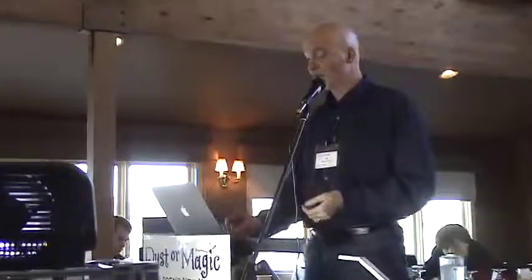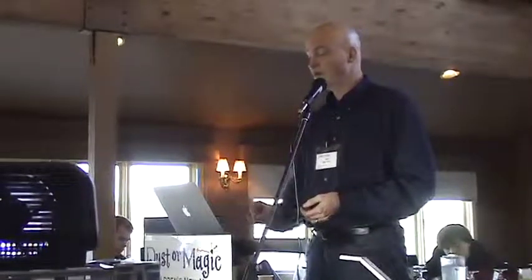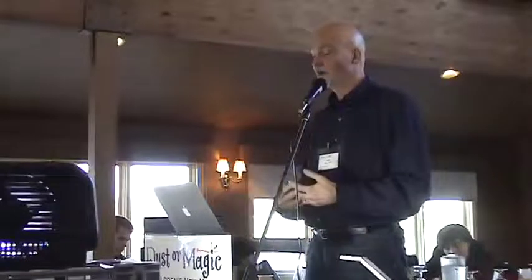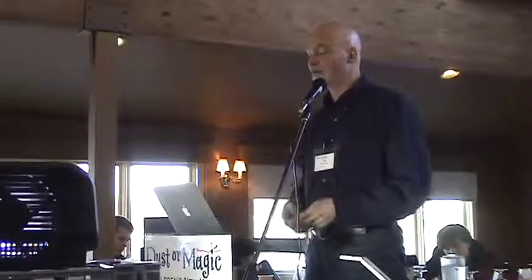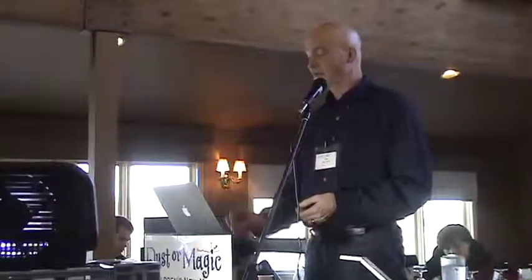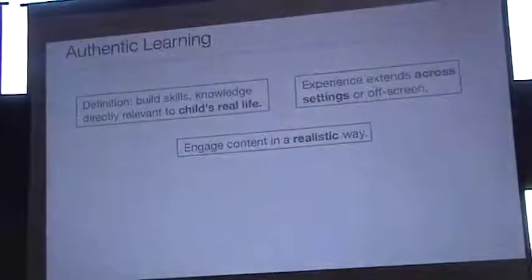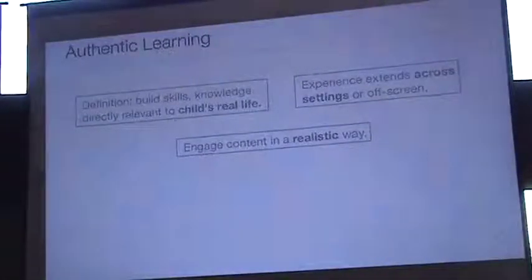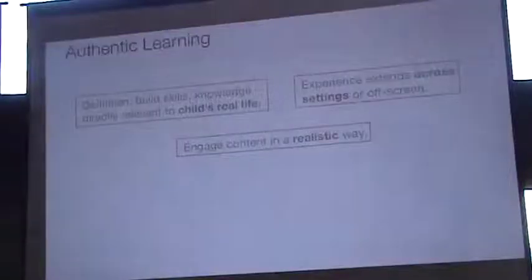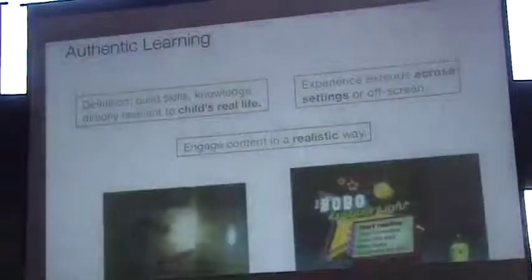And finally, the authentic learning. By definition, as I said, it's about building skills or knowledge that's directly relevant to kids' lives. And it could be on the screen, or it could be across settings. It could literally be an app that gets kids out and about and doing things, or it could just represent something in a realistic way. So a couple examples, think about light.